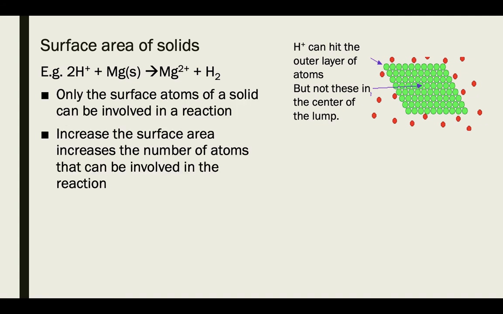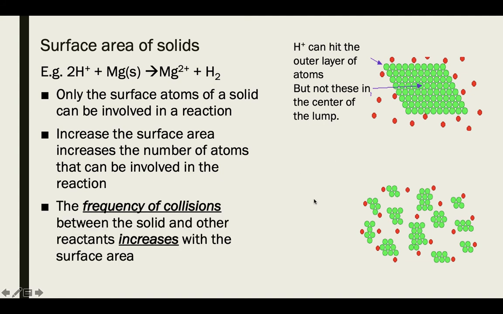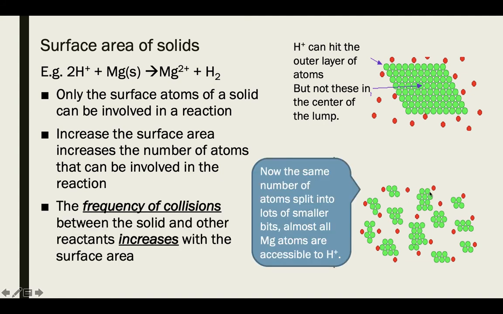Okay? So we increase the surface area by breaking the lump down. So now almost all atoms of magnesium metal can be in contact and therefore having collisions with hydrogen cations.